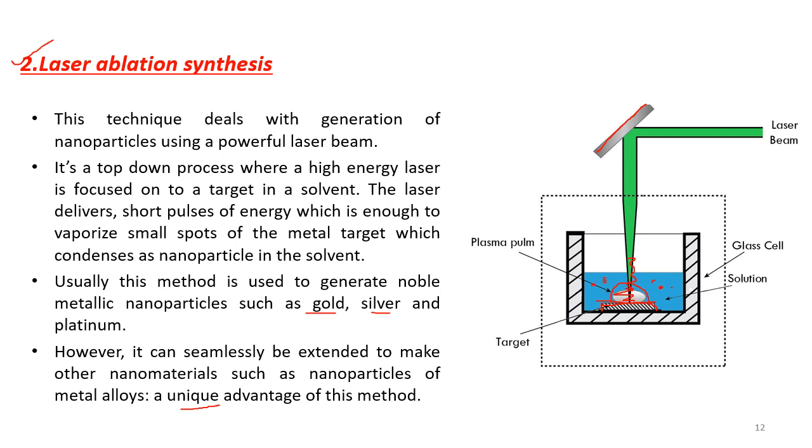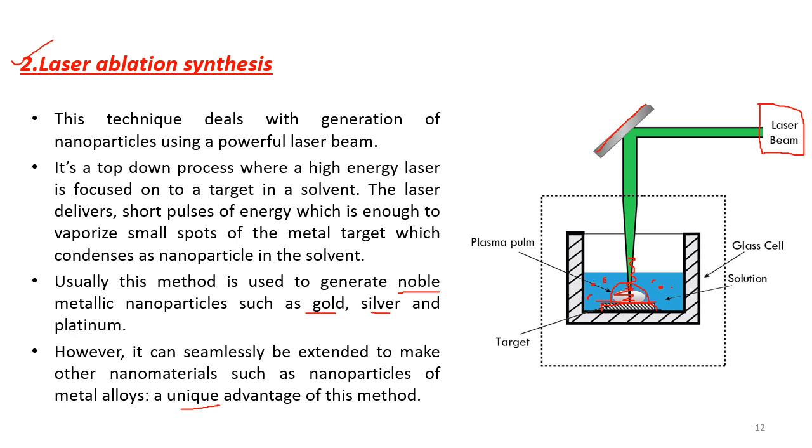By using this method, we can generate different noble metallic nanoparticles. Noble means materials or metallic particles which don't react, so they are non-reactive. For preparing these types of nanoparticles we use laser ablation. But the main requirement is a high-power laser beam, which is one of the costliest affairs.